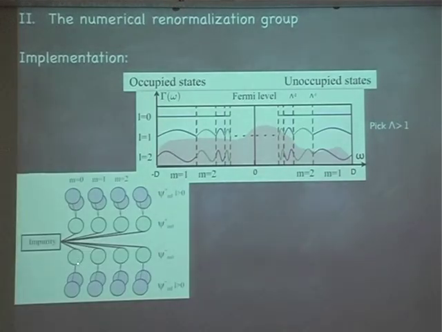Now this can be visualized in the following sense. You have here your impurity that couples to a set of states, these balloons. There's one certain state of the shell M, which has Fourier component 0. And then you, of course, have all these balloons of the same shell M with Fourier components L larger than 0.